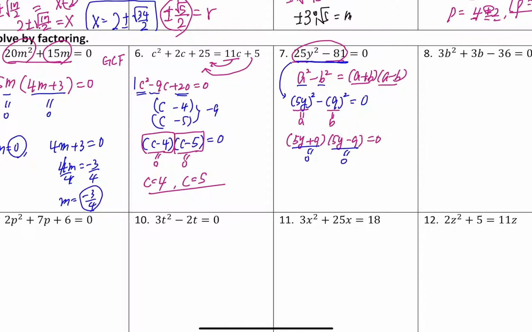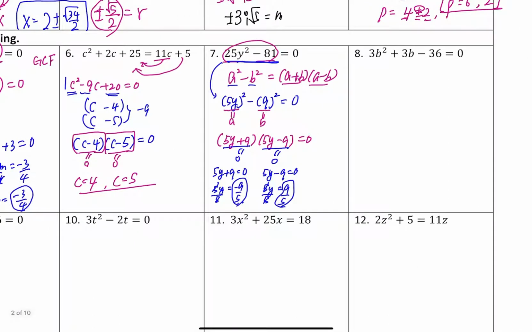When first factor equals 0, 5y equals negative 9, divide by 5, divide by 5. y equals negative 9 over 5. When second factor, which is 5y minus 9 equals 0, 5y equals 9, divided by 5, y equals 9 over 5. These two are answers.